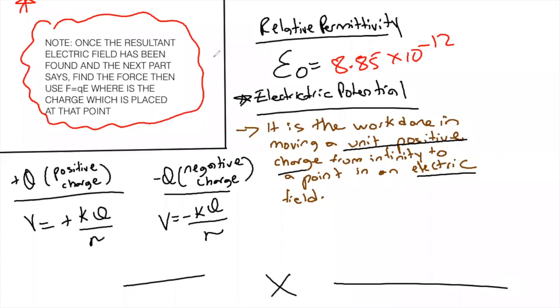Okay, now electric potential, just like gravitational potential, they're very similar. Electric potential is the work done in moving a unit positive charge from infinity to a point in an electric field.